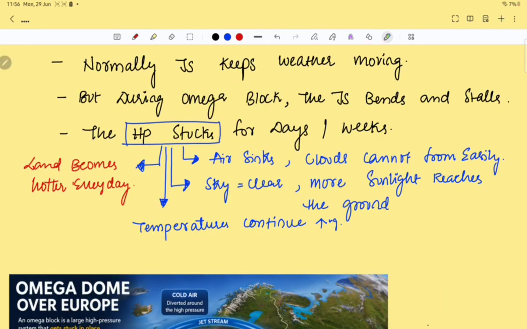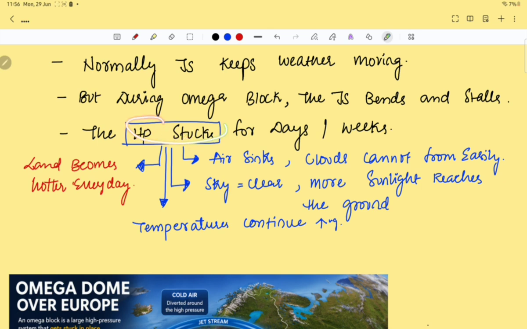Normally the jet stream keeps weather moving, but during an omega block the jet stream got bent. Usually it goes from west to east, and stalls. The high pressure stuck over there, the bend which occurred due to high pressure, stays stuck here for days or weeks.